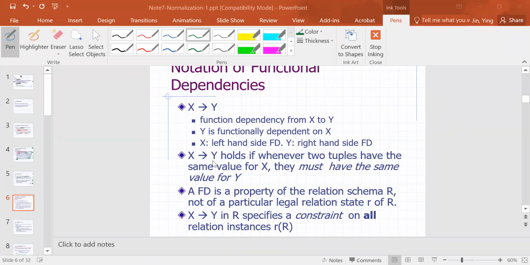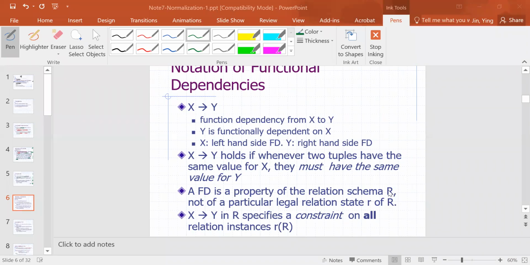So this is repeating what we have. X to Y holds if whenever two tuples have the same value for X, then they must have the same value for Y. A functional dependency is a property of the relation schema R, not of the particular relation state, because we need to make sure this is true on any relation state.